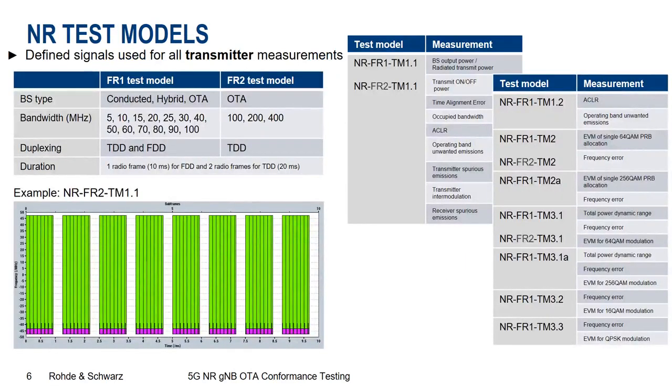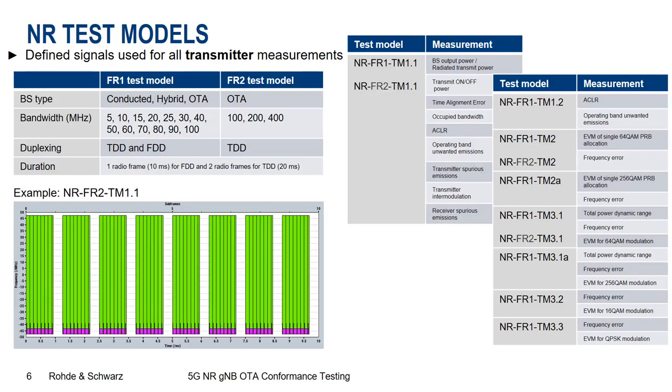So in order to get repeatable and comparable measurements, defined signals have to be used. So for all transmitter measurements, these are the so-called test models. The test models are defined for FR1, and there's another set of test models for FR2. They are also distinguished by bandwidth, so depending on which bandwidth is supported by the base station.